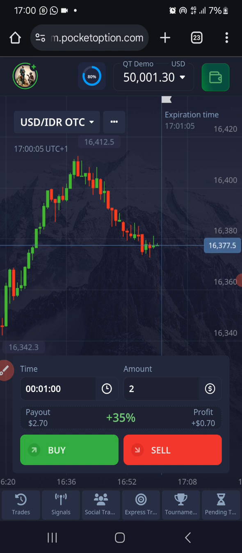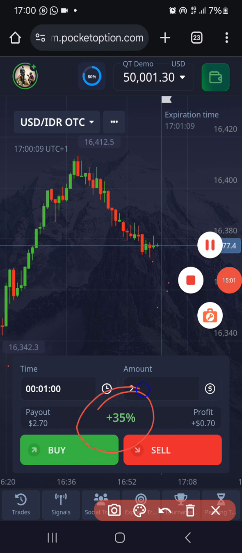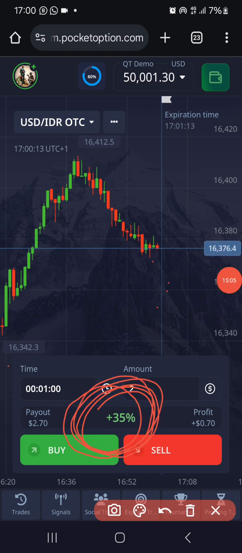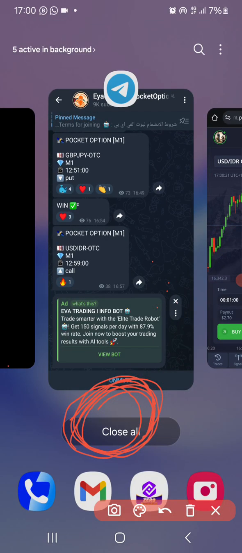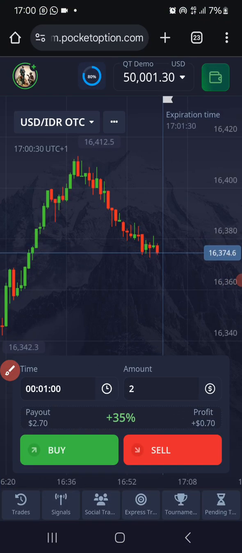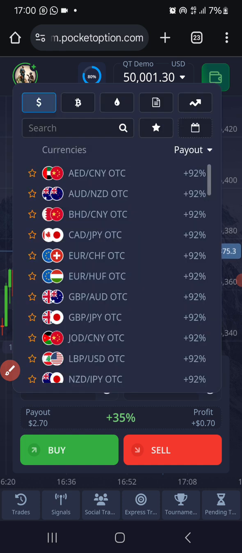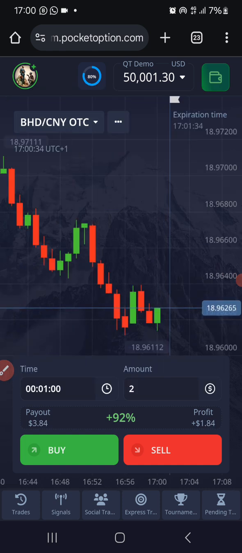So if you are trading, check the percentage, the return you are getting from the investment that you are doing. This is very low, so I don't advise you trade it. If the robot, for instance, drops a trade and it's about 80% and above, it's still okay, very, very okay. Let me show you. This one is 92%.